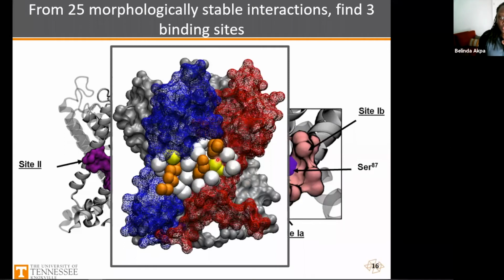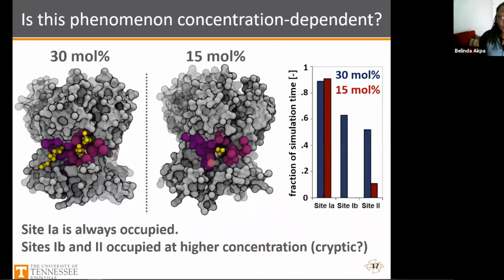And just to prove that those are in fact distinct sites, here's another rendering of the protein where I show a snapshot of the simulation where these cholesterol molecules are rendered in orange and all 3 sites are concurrently occupied. So what we identified with our numerical analysis via this network approach bears out when we go back to the simulation to look for the events that were characterized.